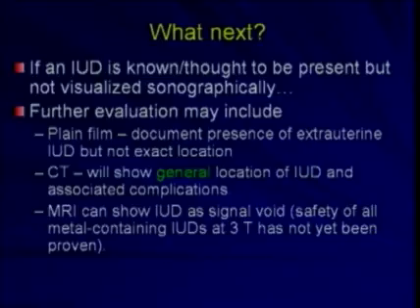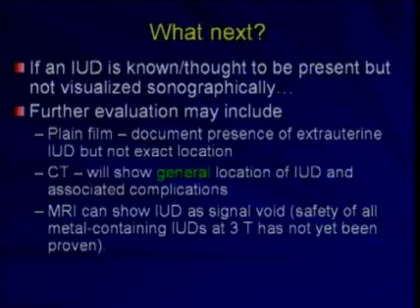What next? What if an IUD is known or thought to be present but not visualized sonographically? Further evaluation may include a plain film, which will document the presence of an extrauterine IUD but not the exact location. CT will show the general location of the IUD and of course is very good for identifying associated complications.